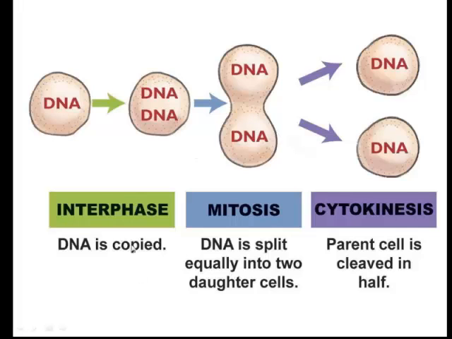So first, in the process of cell replication, DNA is copied, and then mitosis occurs, in which DNA is split equally into 2 daughter cells.